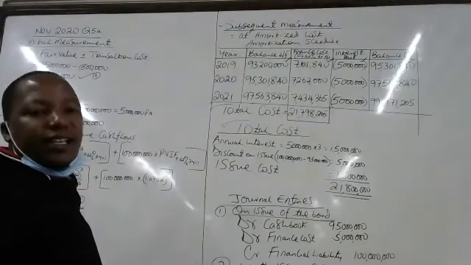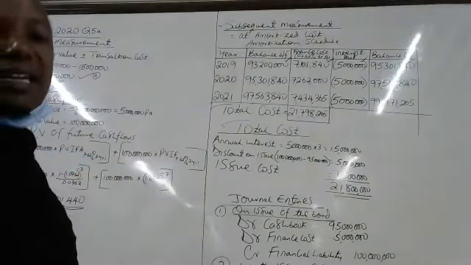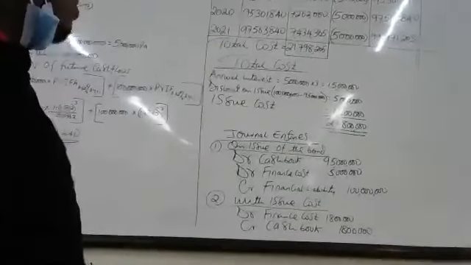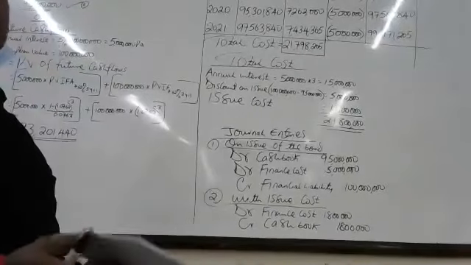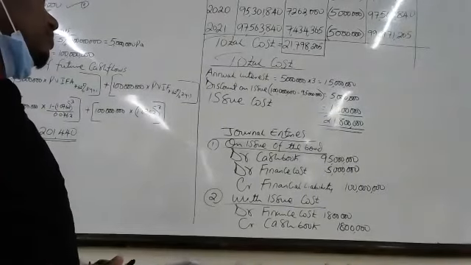So you recognize the issue cost as well as the discount as a cost of issuing the debt instrument.